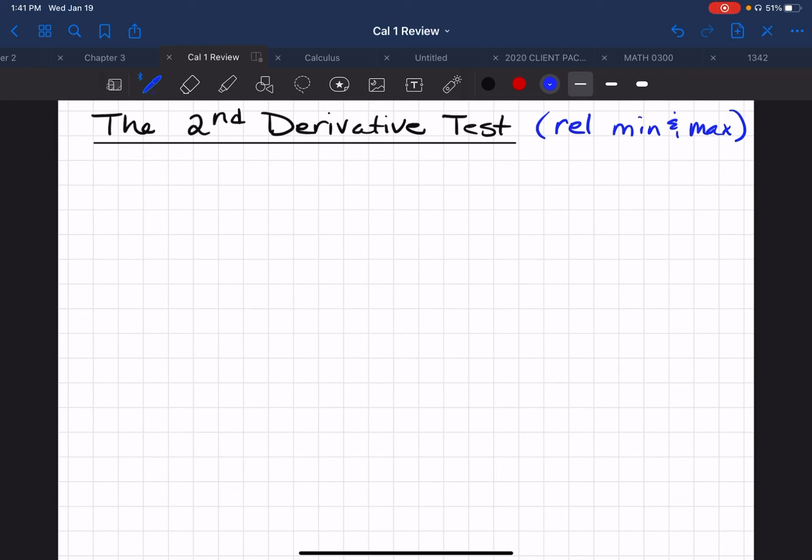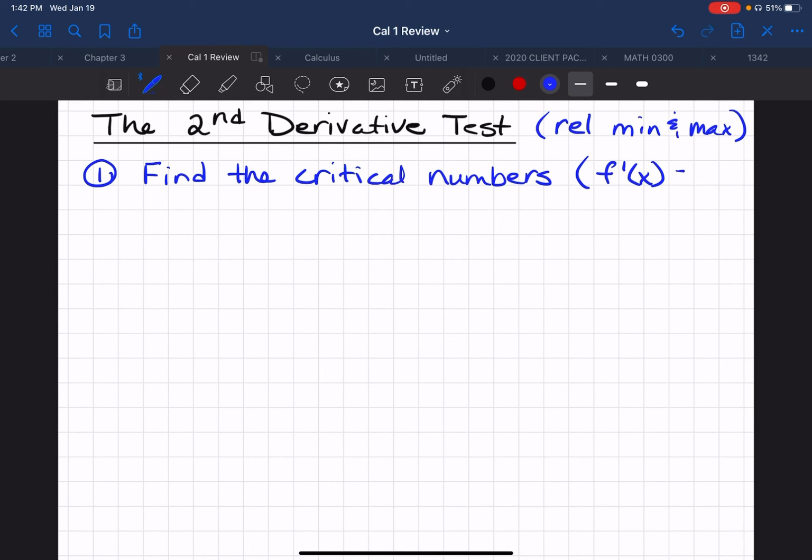But if you're asked to use the second derivative test to find relative mins and maxes, what it wants you to do is first find the critical numbers. And remember, those are from the first derivative where it equals 0. And then you're going to plug those critical numbers into the second derivative.